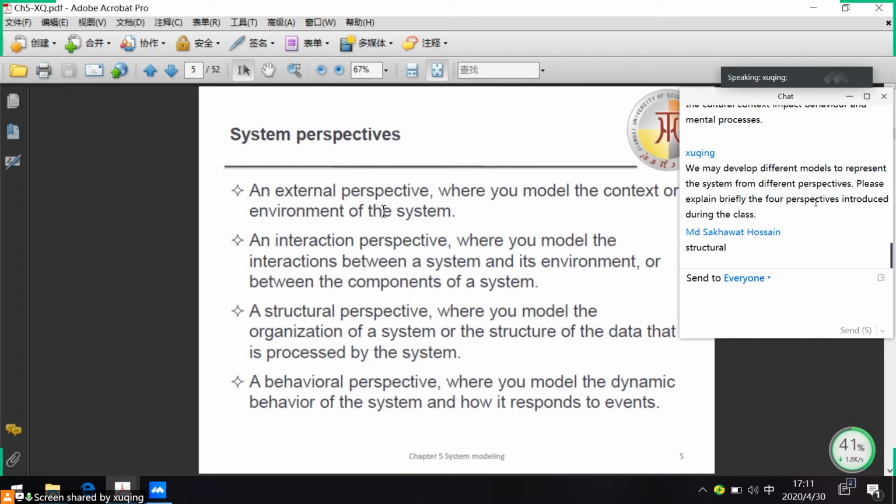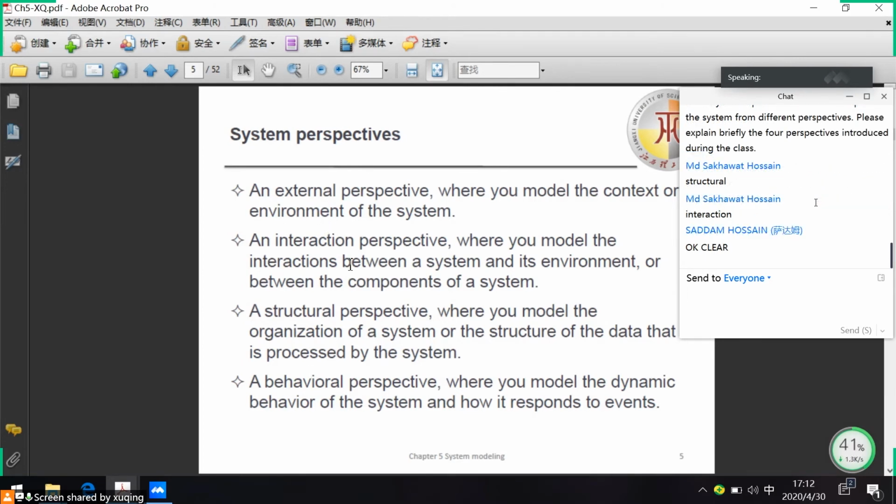They correspond to different contents of this chapter. We have the context model, interaction models, structural models, and the behavioral models. Is it clear? These four perspectives.